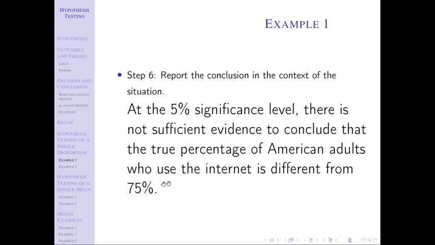If you say proportion, you should write that as a decimal. Of what? Like we said, we have to say a population word, we have to say what metric we're using, and then of what. So you can't just say true percentage. True percentage of what? True percentage of American adults who use the internet. That's the context of the problem. Go back to what the problem asked you to do to get that.